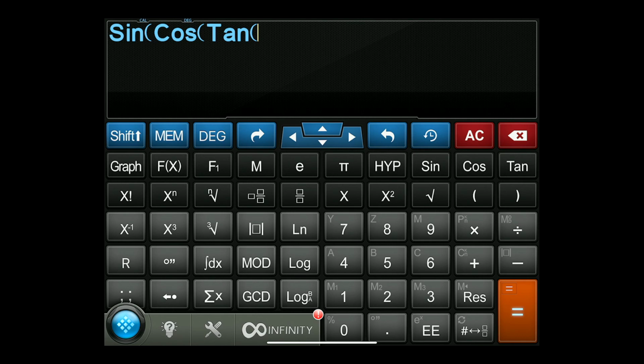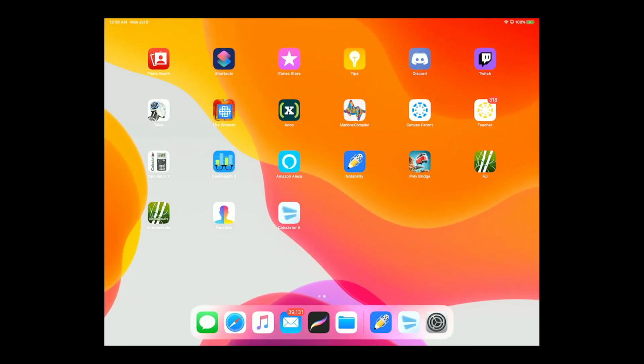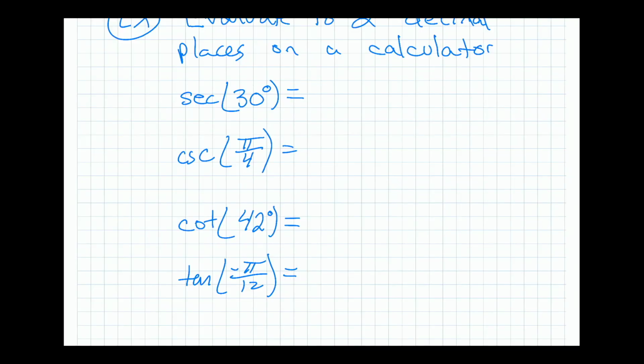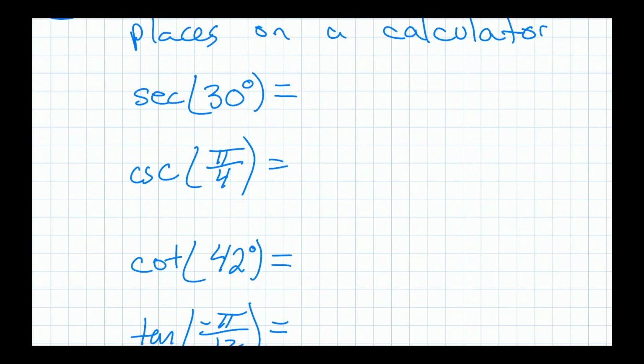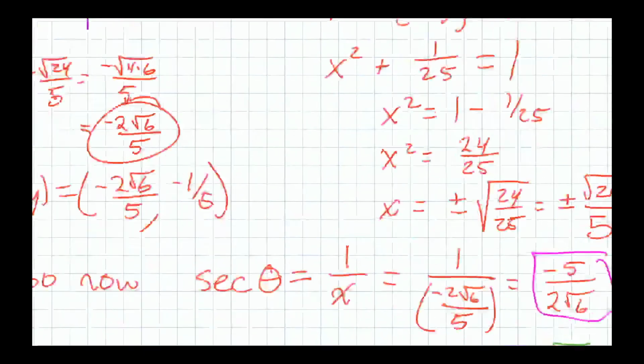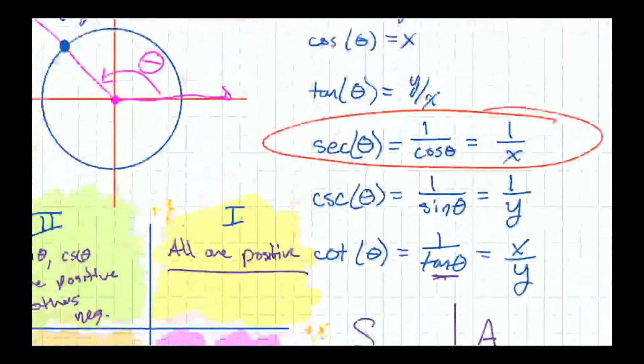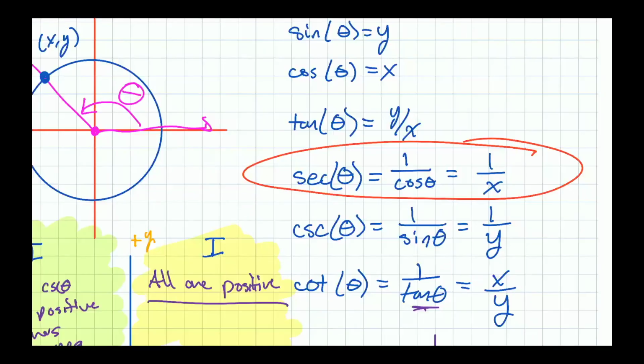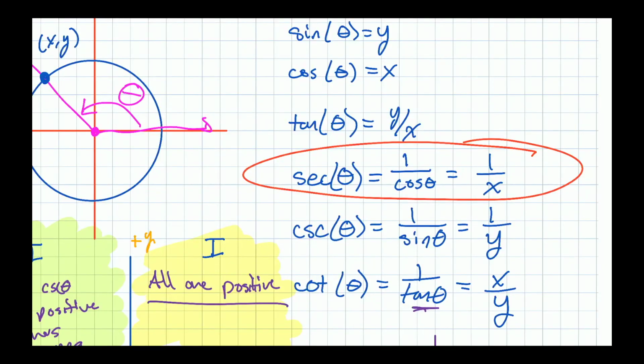They're only going to have sine, cosine, tangent, just like this one does. So the way you have to do this is you have to know that when they ask for secant 30, that is 1 over the cosine of 30. Right? That's why I gave you those formulas up here, in terms of the sine, the cosine, and the tangent.